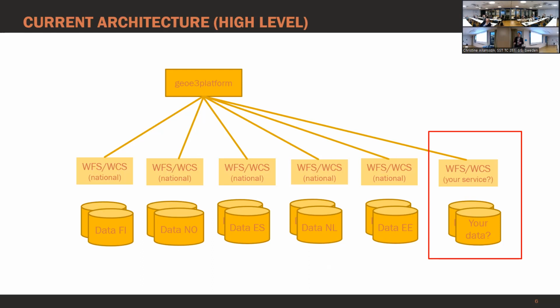So I could say that the GeoE3 platform is currently a facade on top of national WFS, WCS services, and then you can get a tangible feeling and results of how OGC APIs look with your own data without even doing anything, but we are doing it in a central way.